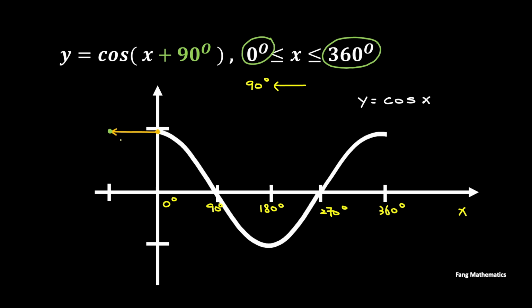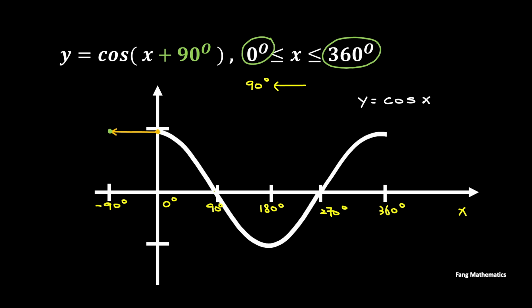If you observe the coordinate of this green dot, which is on the left of the y-axis, it has the x value as minus 90 degrees. This is not included in the domain, so we can just ignore this coordinate, and we always start to draw from the y-axis, but that's fine.